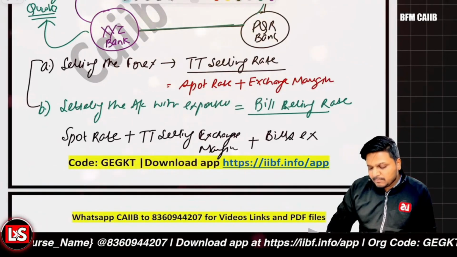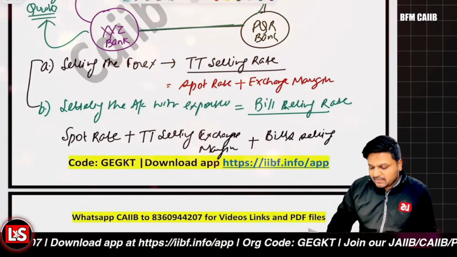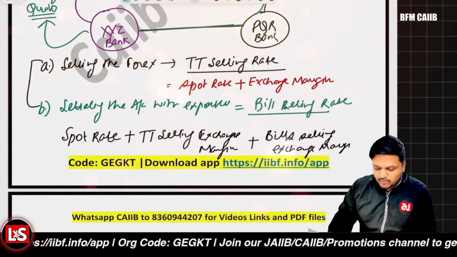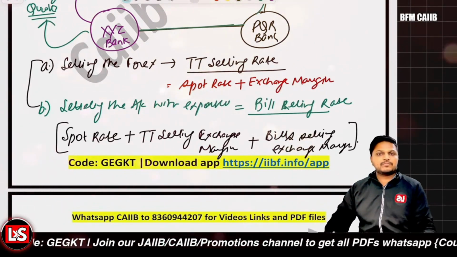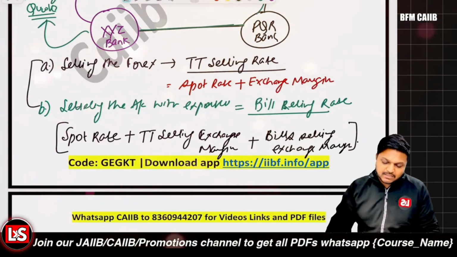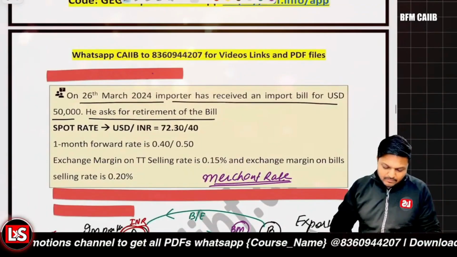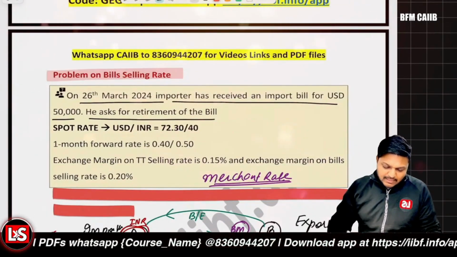So this is how we are going to solve this question. This will be the complete formula related to it, right? And this is what rate? This is a bills selling rate which will be applicable.